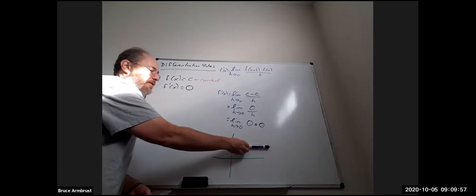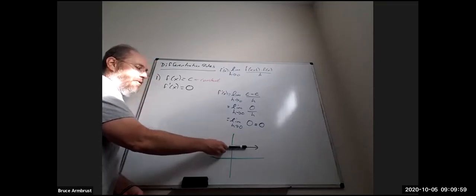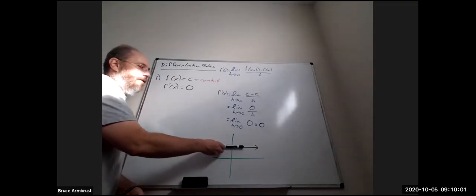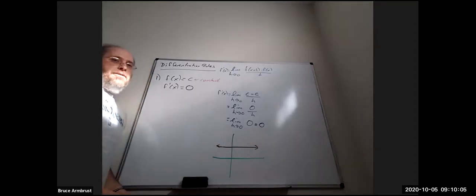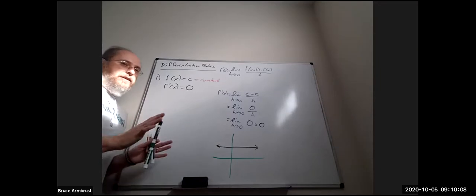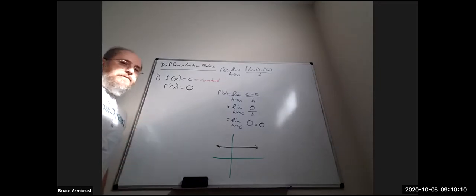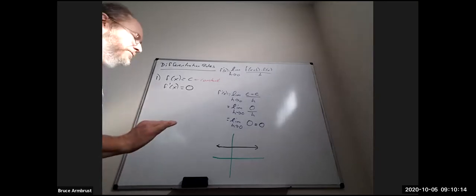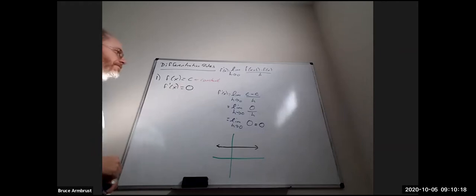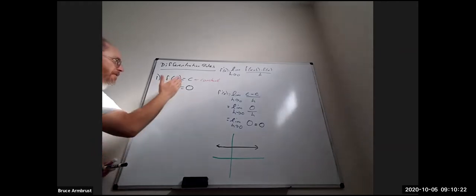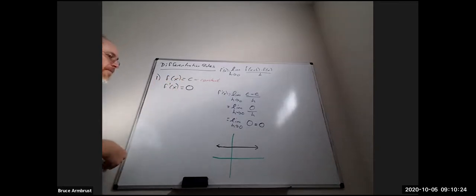And you notice that its slope is always the same no matter where we are. And since it's horizontal, its slope is always 0. Yay. Okay, so constant functions, their derivative is 0. You're going to like this. Constants are great, because when we differentiate, they just go away. All right, so there's your first differentiation rule.